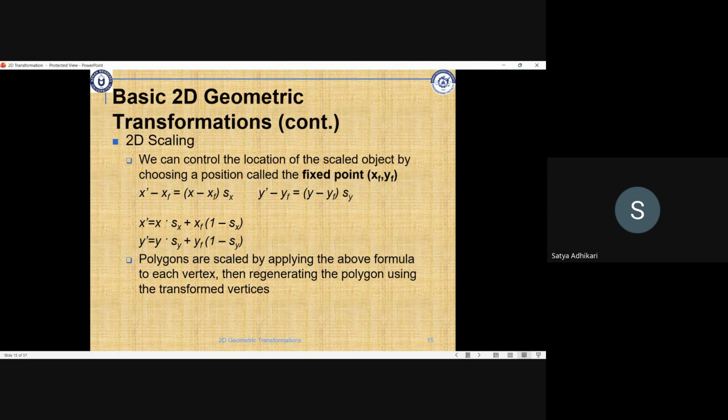So polygons are scaled by applying the above formula to each vertex, then regenerating the polygon using the transformed vertices. So here scaling is with respect to any fixed point other than the origin, like your rotation.